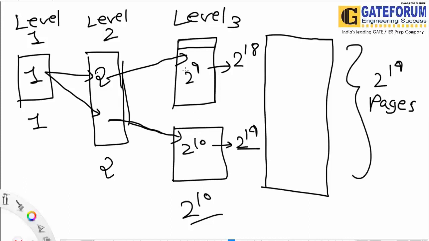For 2 raised to 10 we require different scenarios in level 3. So the total we can have is 2 raised to 9, and 2 raised to 9 can point to 2 raised to 18, and the remaining part, from 2 raised to 18 to 19, can be pointed to from here. This is how the entire structure would work.